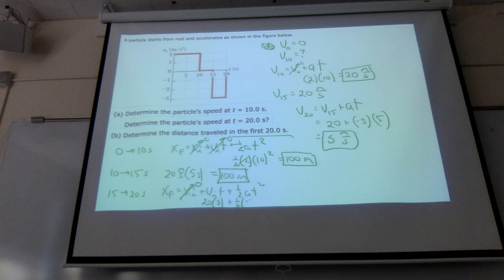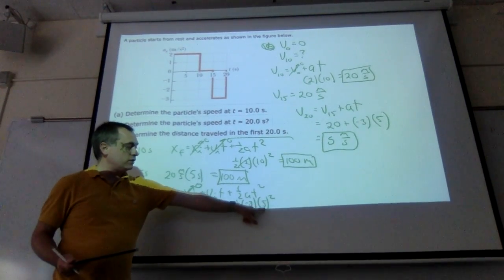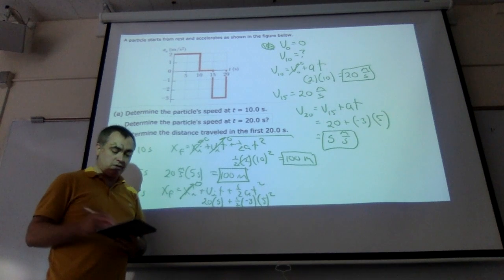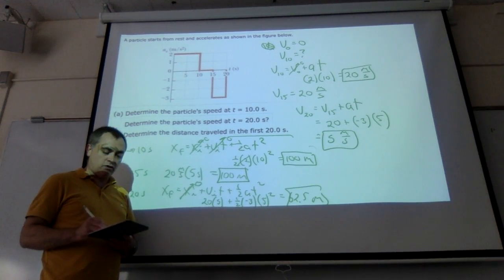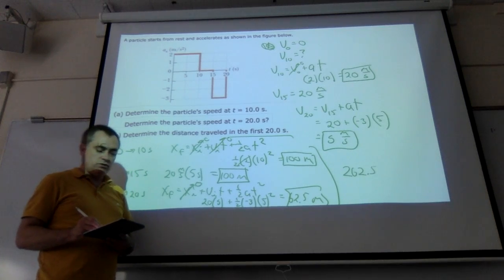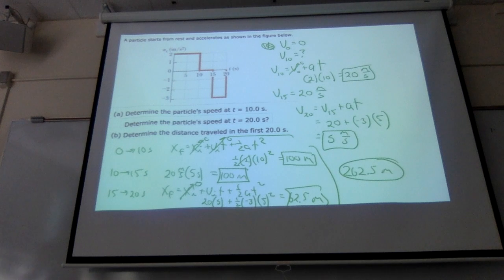And then our acceleration is -3 for those last 5 seconds. So starting at 20 meters per second, acceleration is -3, 5 seconds is the time. And for that part, you get 62.5 meters. So if I add all those up, 262.5 meters for the full 20 seconds.